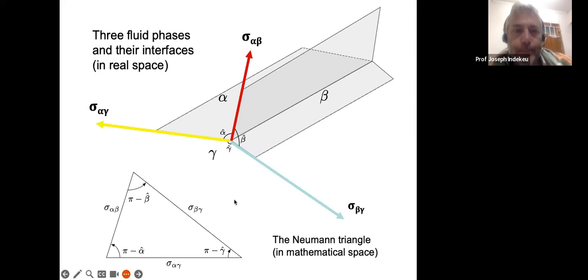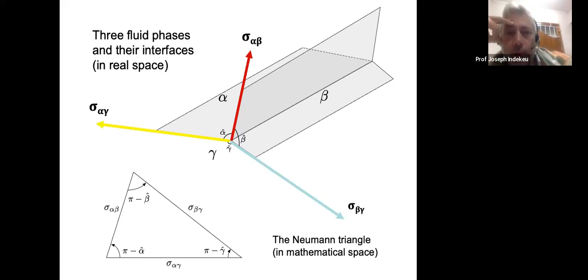I have drawn vectors here which are intended to represent force vectors, and they act upon the contact line and are directed away from the contact line. And now comes an interesting point.